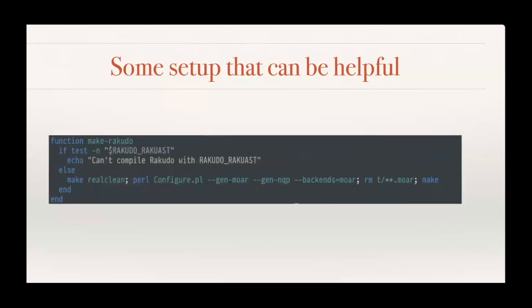Speaking of which, it's really worth your time, in my opinion, to set up something that'll stop you from compiling when you're in your tab that has RakuAST set, because it's just frustrating to be waiting for your compilation to be done and then only to have it bail out at a failure at a relatively late stage.